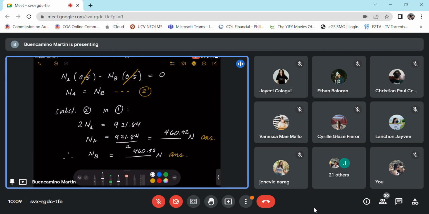Because we assume that it has 4 wheels, right? Two for NA, two for NB. So each wheel will have a reaction of what?